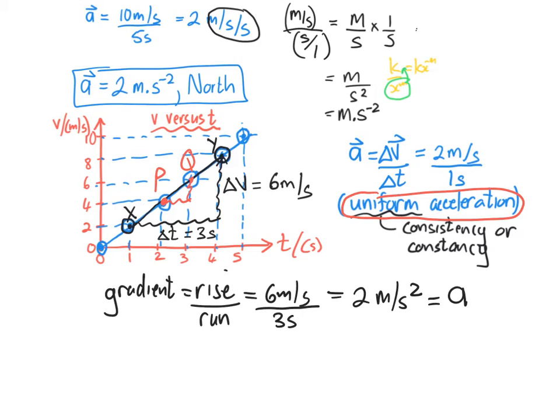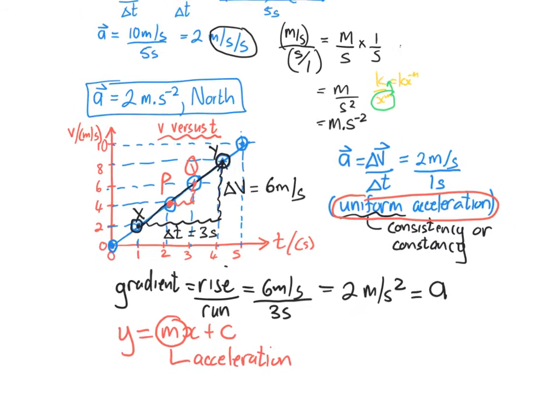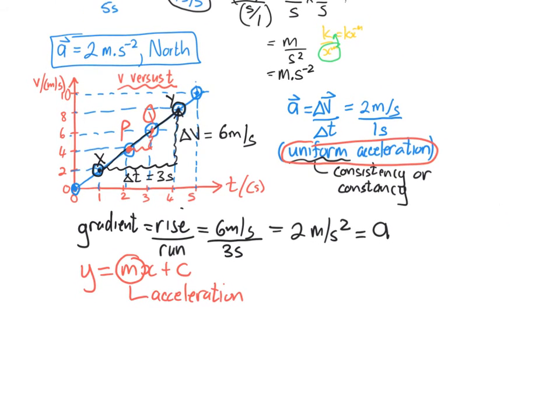And straight lines have consistent or constant gradients, because we've learned that y equals mx plus c for a straight line. And in this case, the m, the gradient, is the acceleration. And the y-intercept is 0, as you can see that it's there.